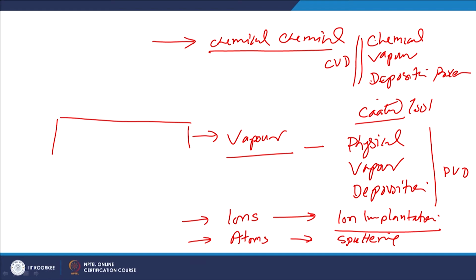In this case, they will be deposited at the surface, and then subsequently at a higher temperature the diffusion will facilitate the compositional modification of the surfaces of the component which is being considered for the improvement of the surface properties.